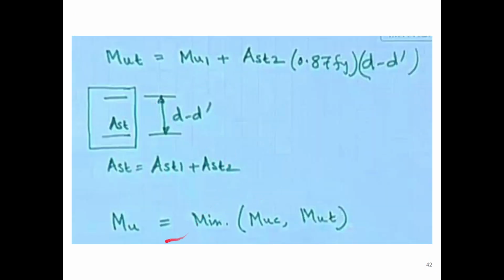Therefore the total moment carrying capacity of the section will be the minimum of Muc and Mut. We always take the minimum, so that it will ensure overall safety, right? So the moment carrying capacity of the RCC doubly reinforced section will be the minimum of the moment carrying capacity due to compression and due to tension.